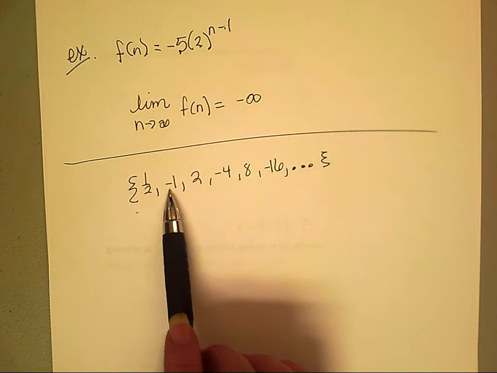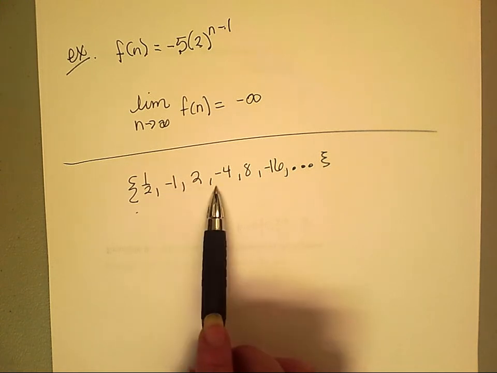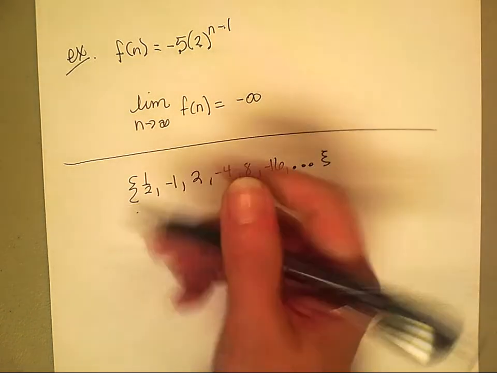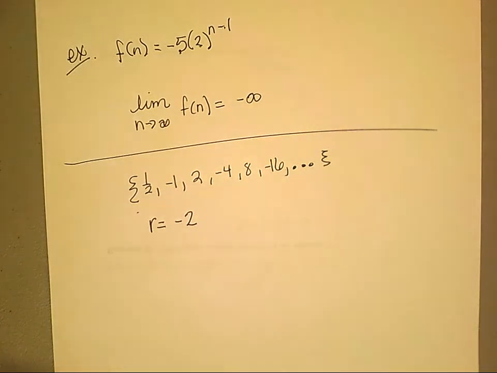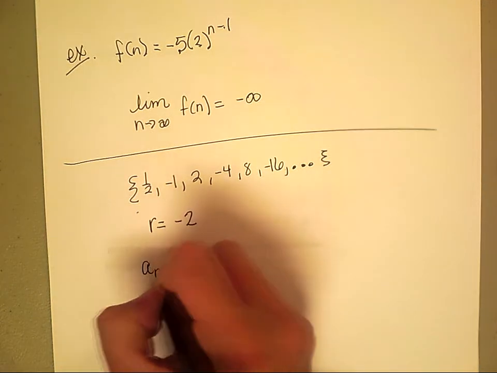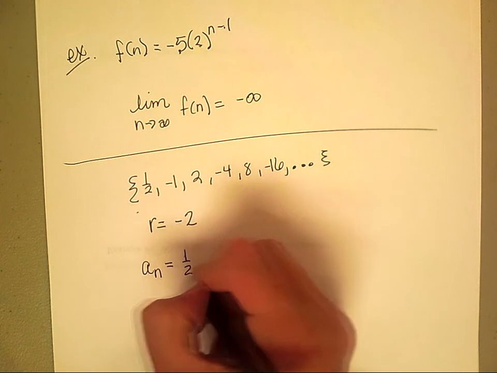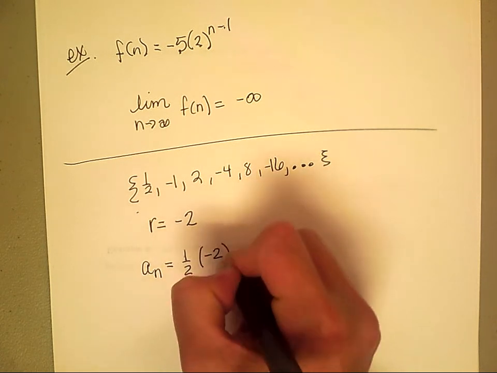I'm multiplying by negative 2 each time, and it's alternating. So a sub n has to be equal to the first term, 1/2, times the common ratio, negative 2, to the n minus 1.